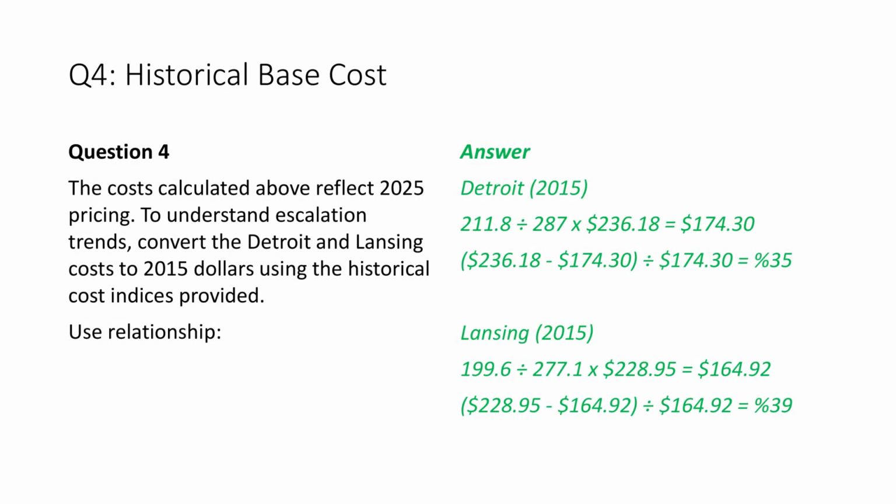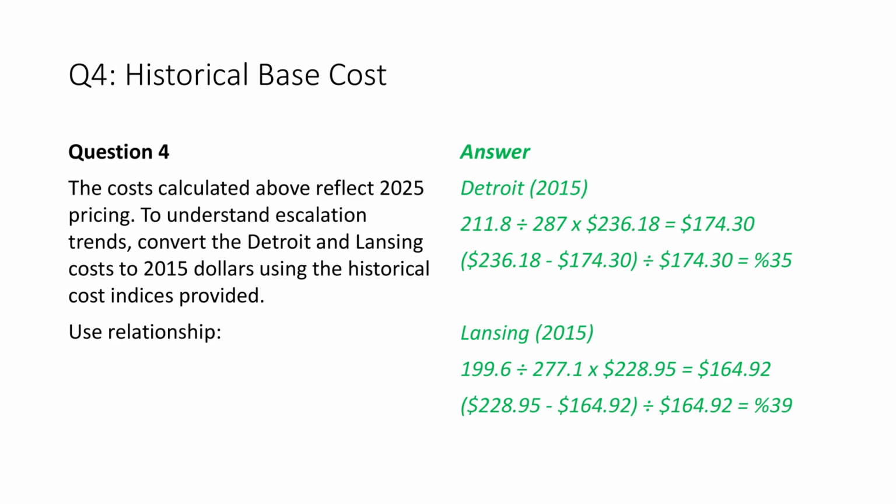To estimate the construction cost in Detroit for 2015, the 2015 index value of 211.8 is divided by the 2025 index value of 287, and the result is multiplied by the 2025 cost of $236.18. This calculation yields an estimated 2015 construction cost of $174.30 for Detroit.